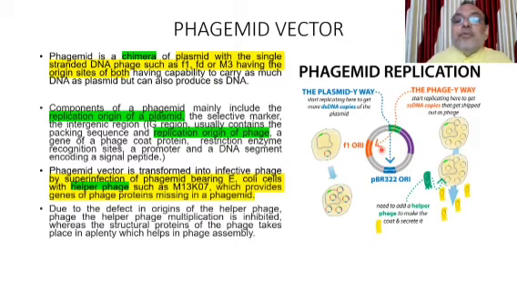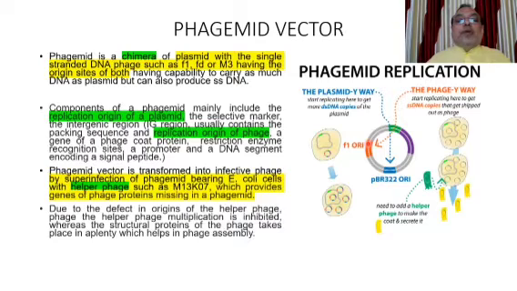So when this is activated, it will go the plasmid way. That is, it will act like a plasmid when this site is activated, or it will act like a single-stranded bacteriophage origin site when this site is activated.